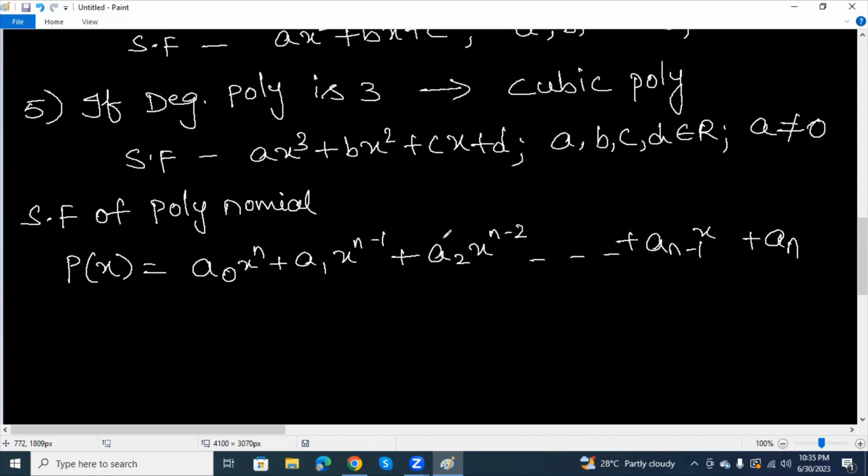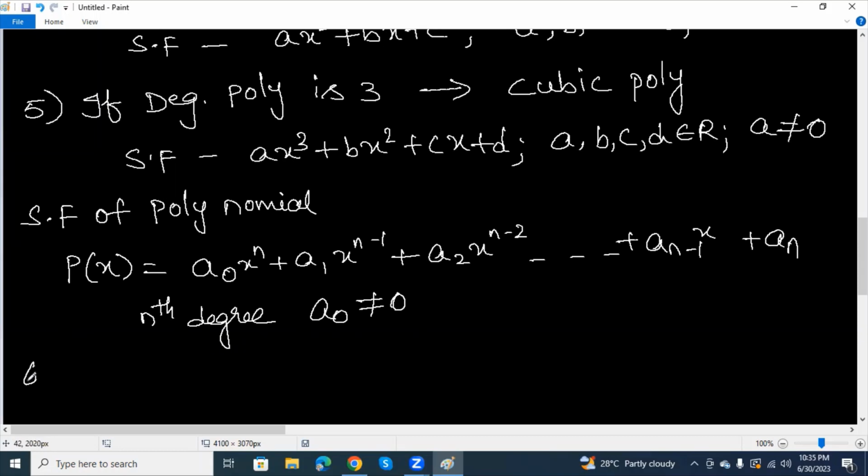Okay. So here the highest power is n. So this is called an nth degree polynomial. Same case, a naught should not be equal to 0. And here a naught, a1, a2, a3, and so on are the real coefficients.